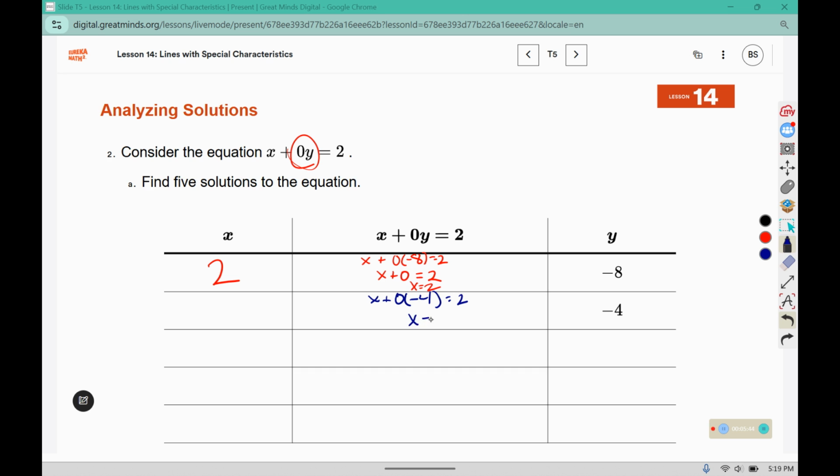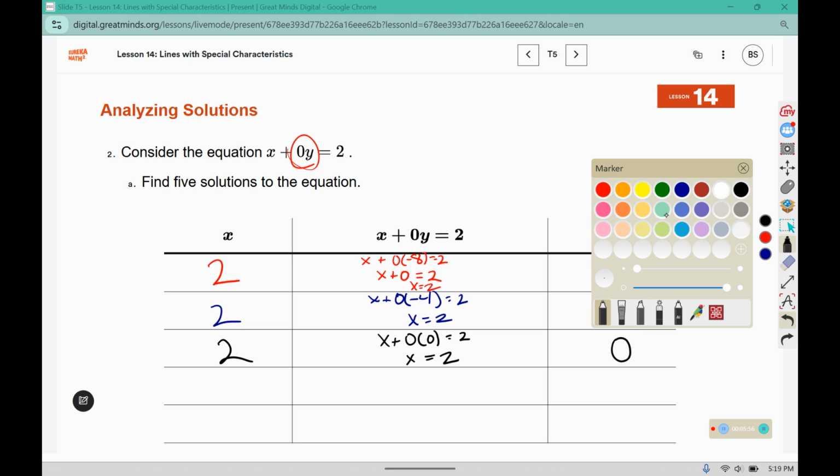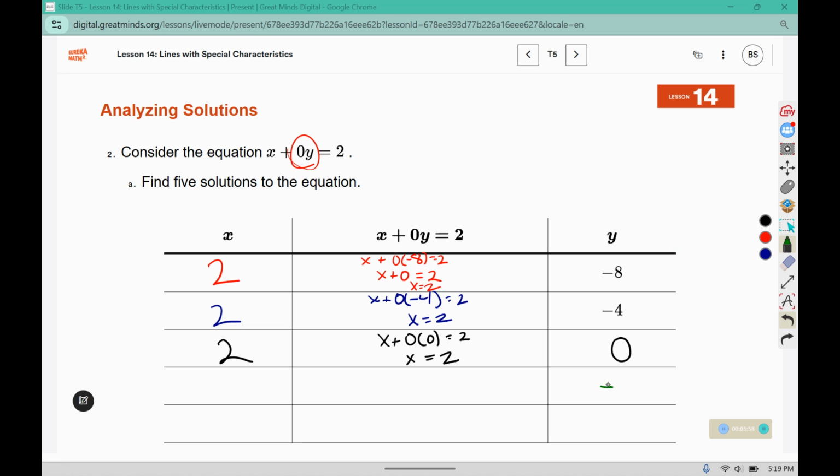So I still get x equals 2. If I put in a 0, 0 times 0 is 0. So I get x equals 2. If I put in a positive 4, 0 times 4 is 0. So I'll still get x equals 2.